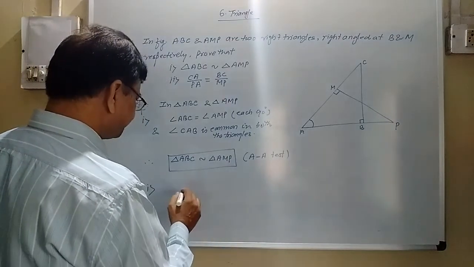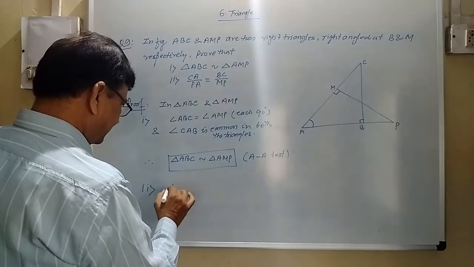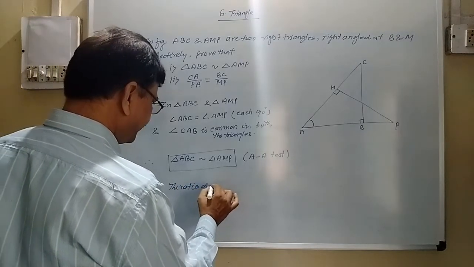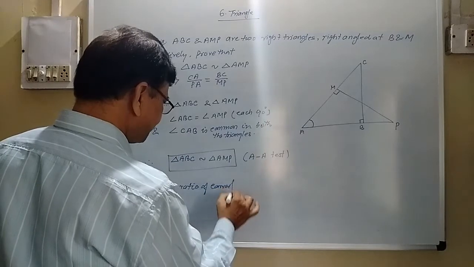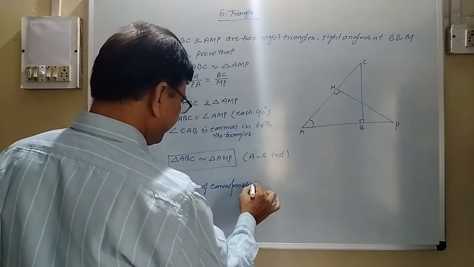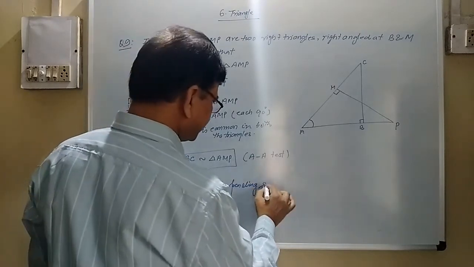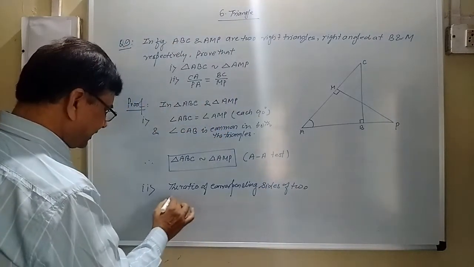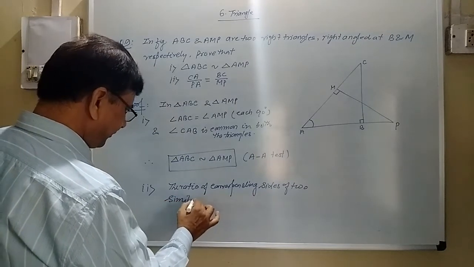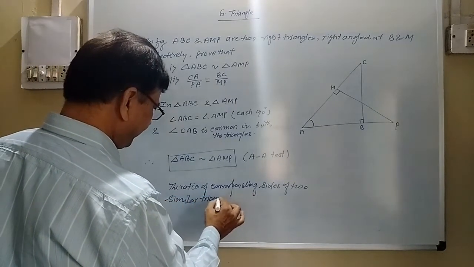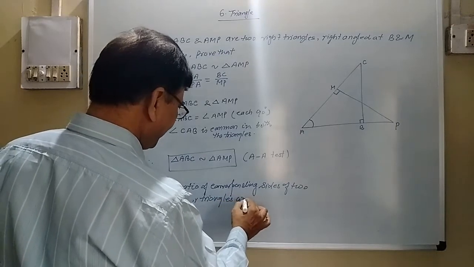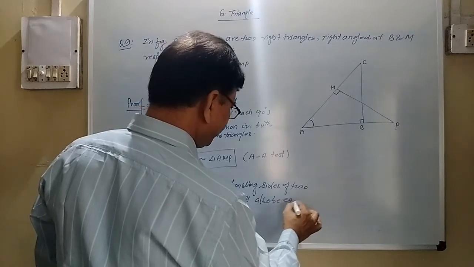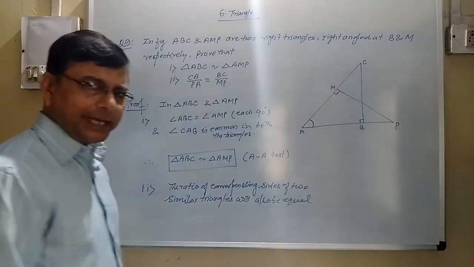So we can write the ratio of corresponding sides of two similar triangles will also be equal as per the theorem.